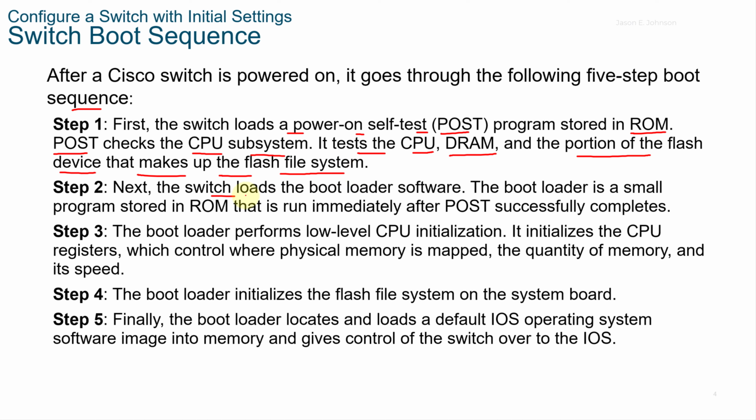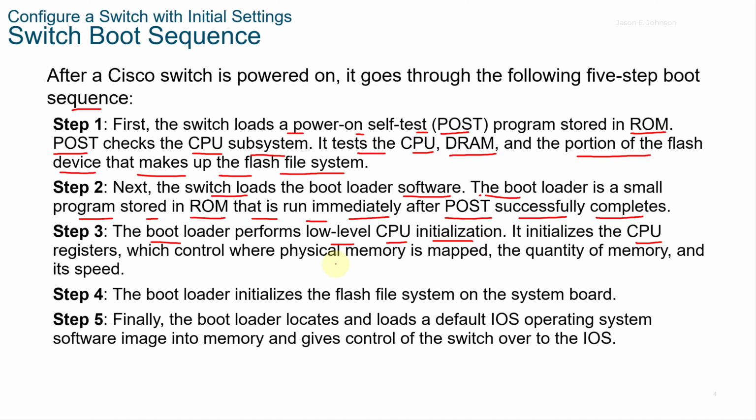The next step is the switch loads the bootloader software. The bootloader is a small program stored in ROM, or read-only memory, that is run immediately after the POST successfully completes. The third step is the bootloader performs the low-level CPU initialization.